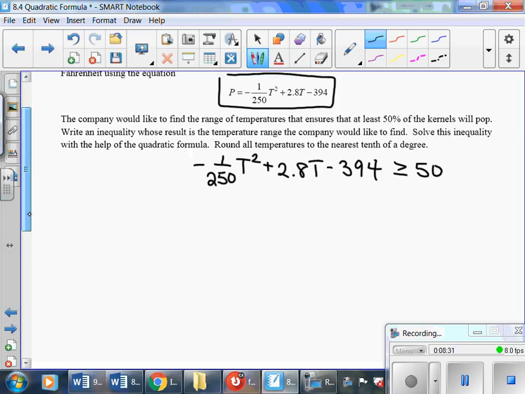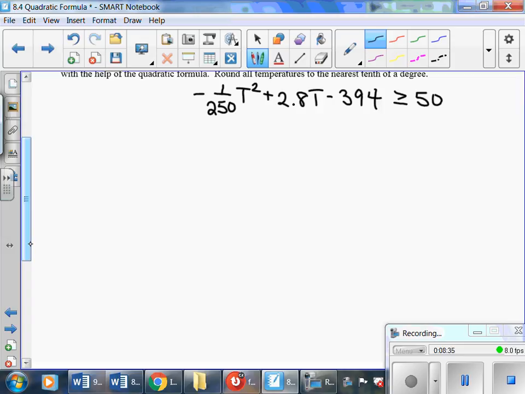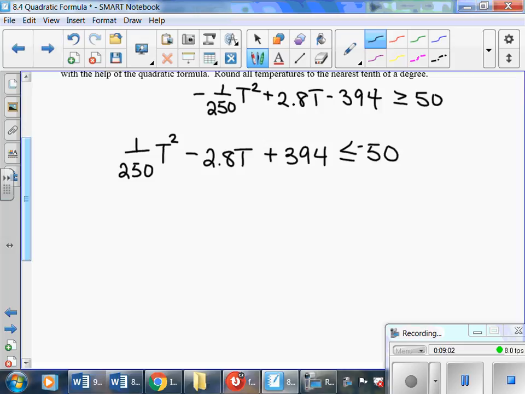All right. Now, whenever I'm dealing with quadratics and inequalities, I always want to make sure my leading coefficient is positive. So the first thing I'm going to do is multiply through by a negative. And when I do that, I get 1 over 250 t squared minus 2.8 t plus 394 is less than or equal to negative 50.